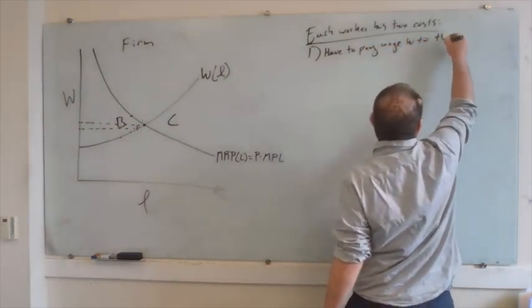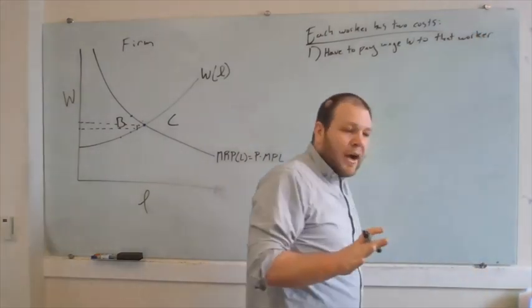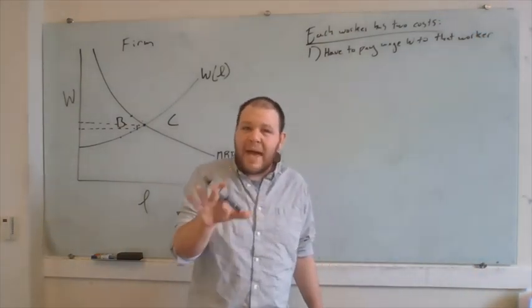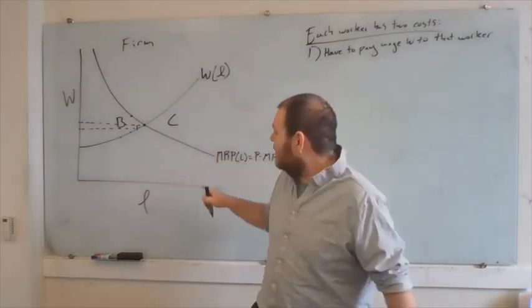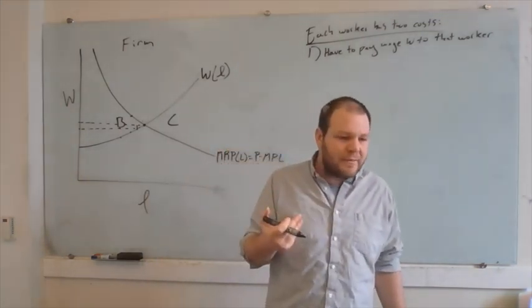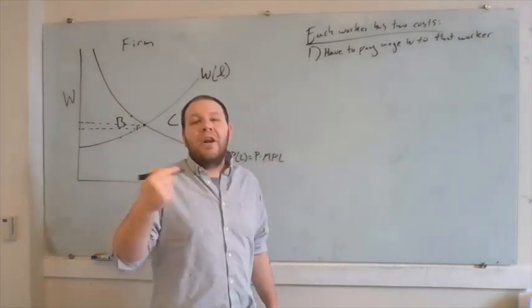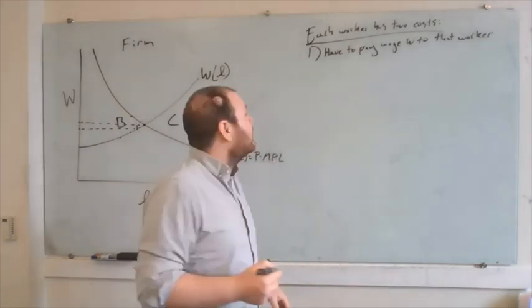Right? To that worker. The second cost, which wasn't the case in a competitive market, but is the case now that we can choose different wage levels and attract different numbers of workers at different wage levels, is that we have to raise wages on everyone else in order to get an additional worker to work for us.